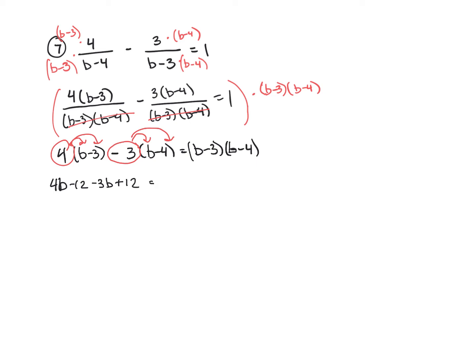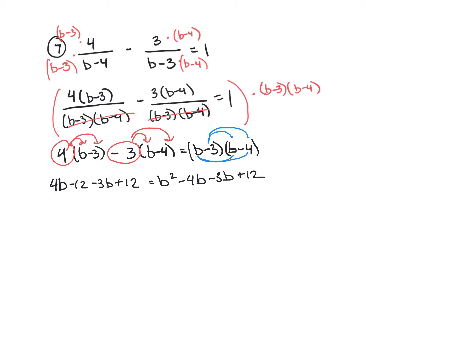On our right side, when we FOIL, first is b times b, or b squared. Outer is b times negative 4, or negative 4b. Inner is negative 3 times b, or negative 3b. And last is negative 3 times negative 4, or a positive 12.